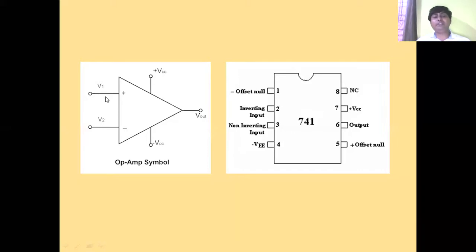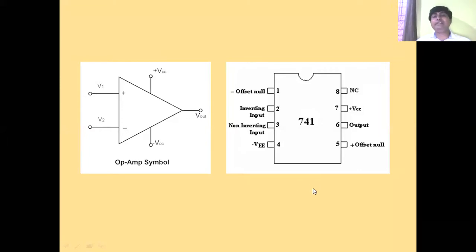The first input is the non-inverting terminal or the non-inverting input, hence it has to be represented with the positive sign. Similarly, the second input is the inverting input, and it has to be represented by a negative sign. Okay, so this is with respect to the symbol of the operational amplifier.